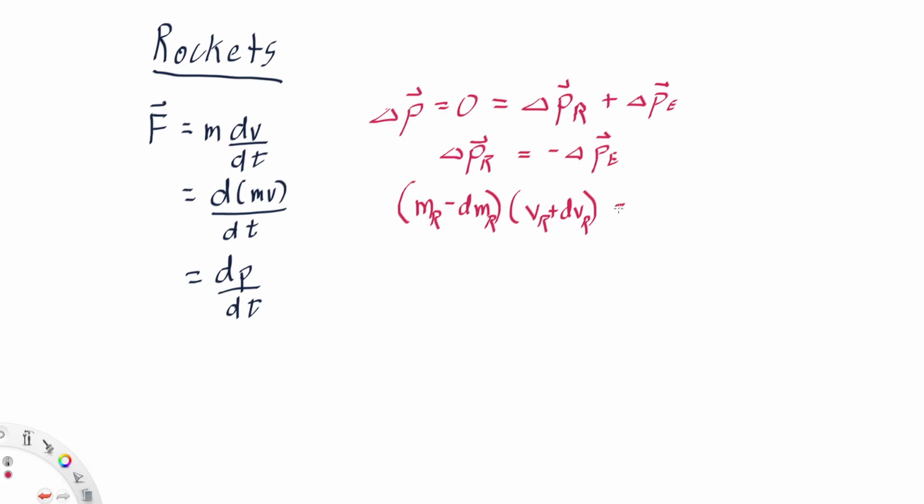Likewise, in a small amount of time, we throw a small amount of exhaust out the back, and it experiences a velocity change equal to v the rocket minus the exhaust velocity.